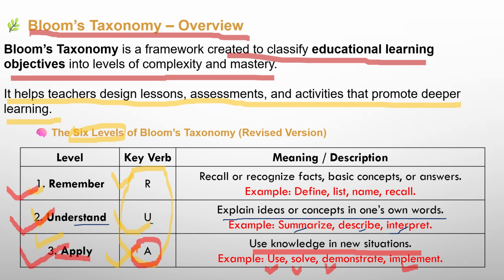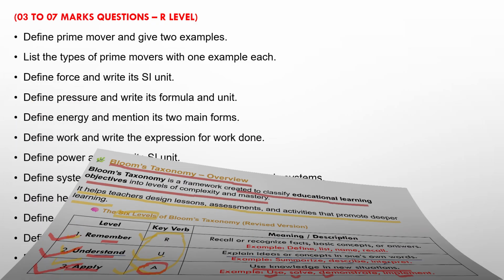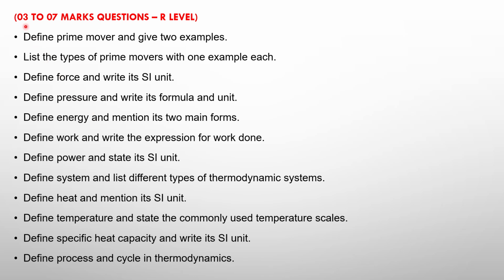In the next slide, we are going to discuss some important questions related to remembrance level, understanding level, and application level from chapter 1. This may be asked in your exam. As per GTU, 3 mark, 4 mark or 7 mark questions will be asked in your exam. According to remember level, this is the list of questions that may be asked to you in the exam. The mark weightage will vary from 3 to 7 marks from the first chapter.